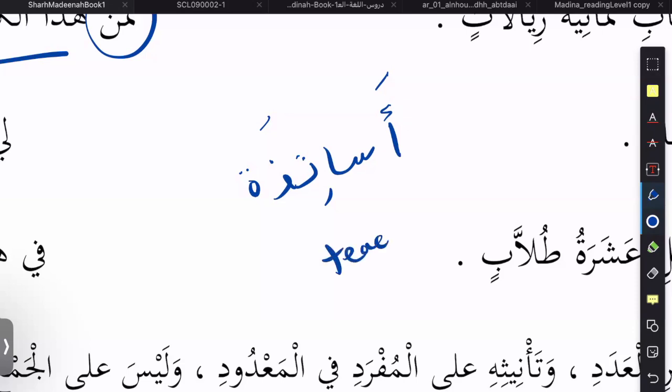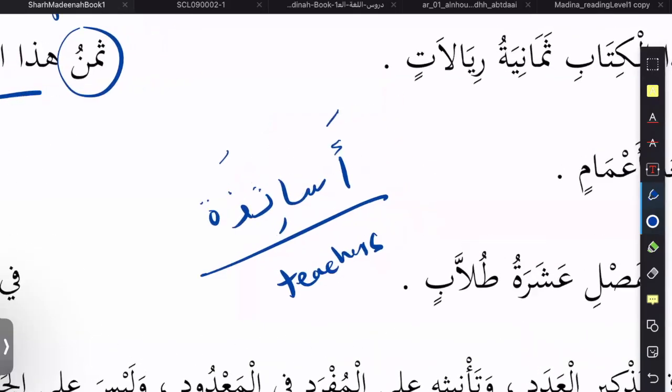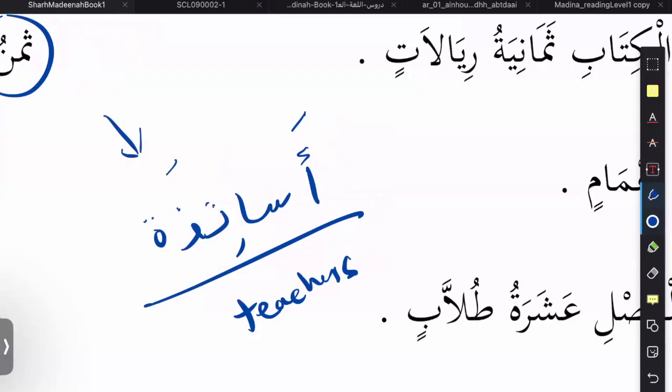Yes, it is teachers. Now, if you just look at this word, you want to say 3 teachers. So you'll be like, let's see. This is a feminine word. So we say thalathu asatidha. Do you do it like that? No, that's what he means.